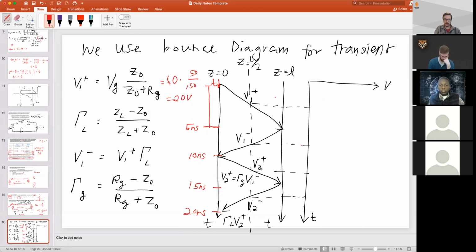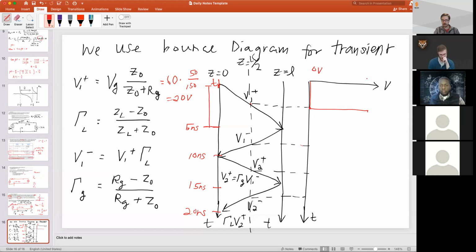Before this, we're at the center and we don't have any voltage here, right? No voltage has passed across. Then at 2.5 nanoseconds, V1 plus crosses the center of the line. And we know that V1 plus is 20 volts, so it starts up all the way to 20.